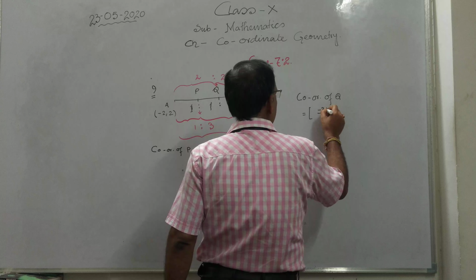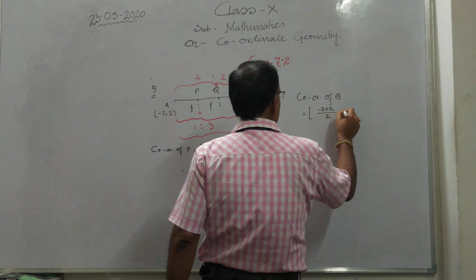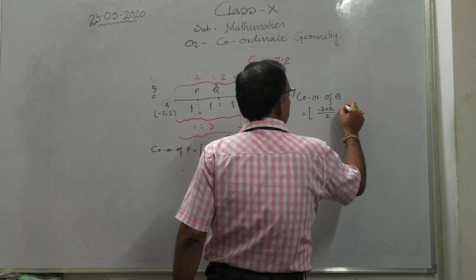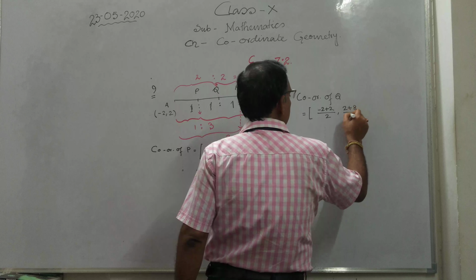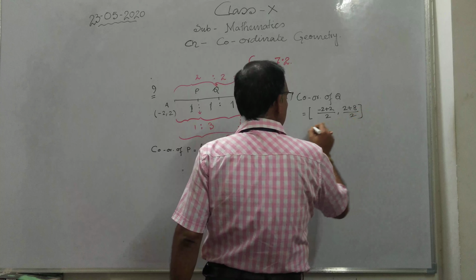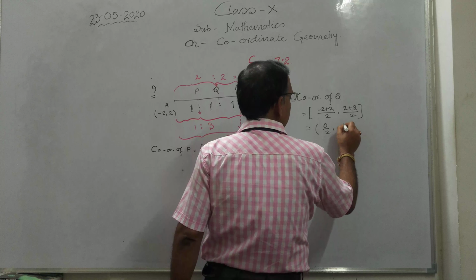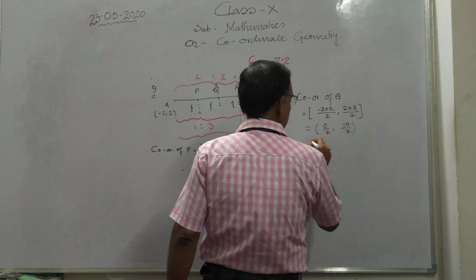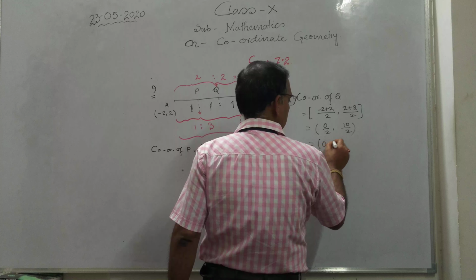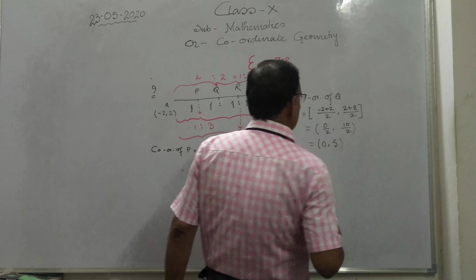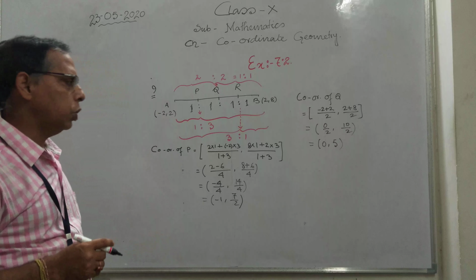Minus 2 plus 2 divided by 2 comma 2 plus 8 divided by 2. So ultimately 0 by 2 comma 10 by 2. So ultimately 0 comma 5. This is the coordinate of Q.